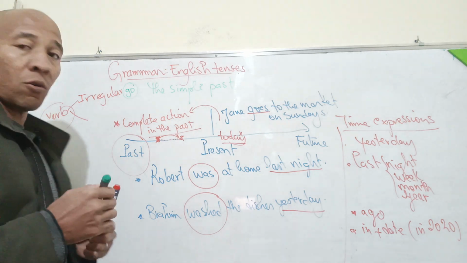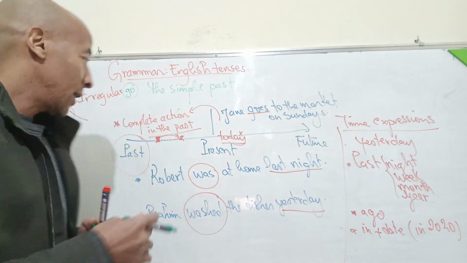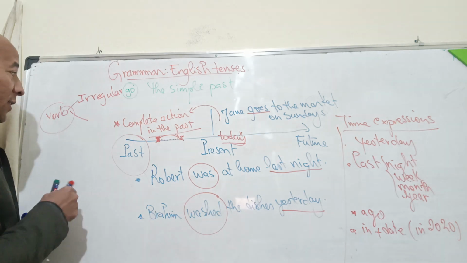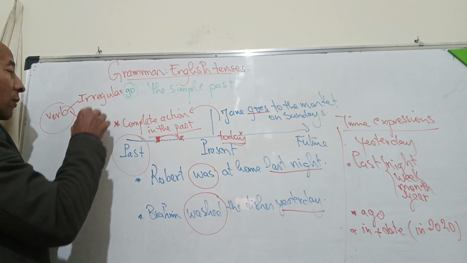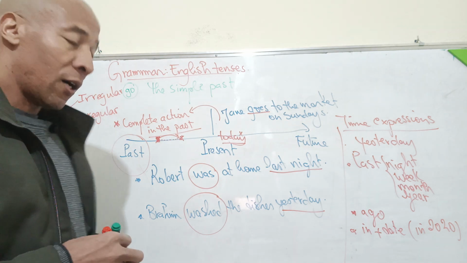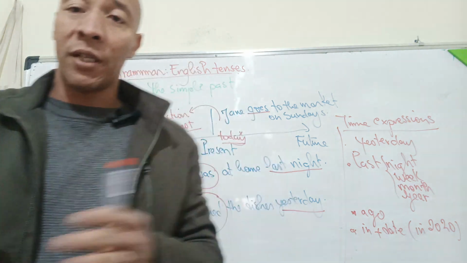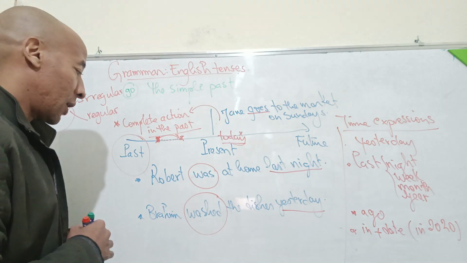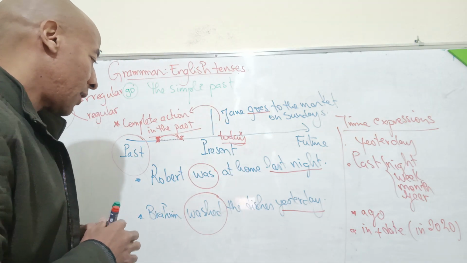Simple past of go is went, right? But here we have other verbs. For example, wash. This is a regular verb. What's the difference between regular and irregular? We'll see it later in this lesson, okay?